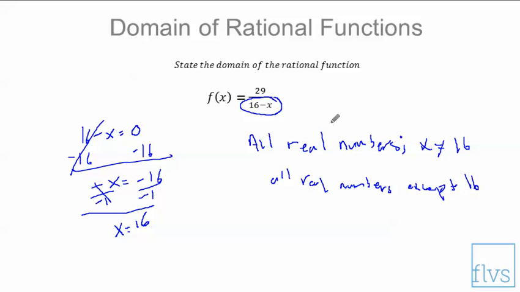If you do interval notation, you'd be saying negative infinity up to 16, but then from 16 up to infinity, meaning all the numbers up to 16, but not including 16, and from 16 on, not including 16. So just a couple different ways you may have seen this written before, in textbooks, previous math courses, or in the lesson or assignments, but just know they all mean the same thing. Just make sure you know how to find the correct domain.